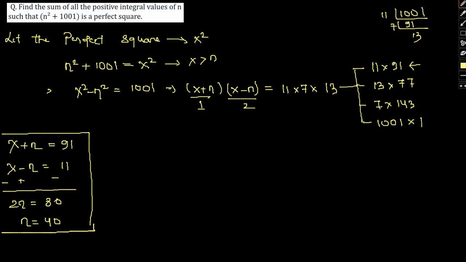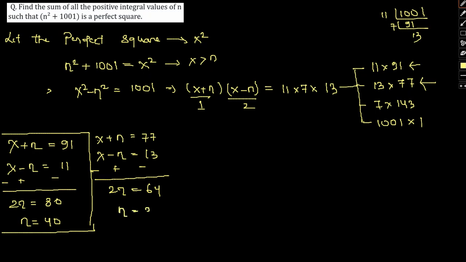Again, if I go next, I will be taking this one. x plus n is 77, x minus n is 13. So this will be twice n is equal to 64, or n is equal to 32.